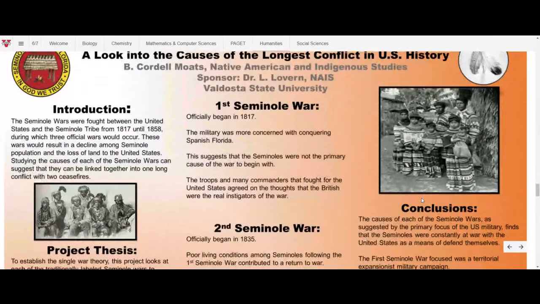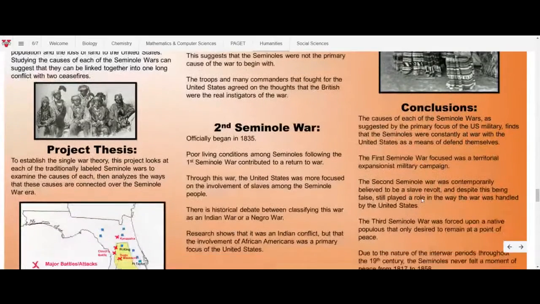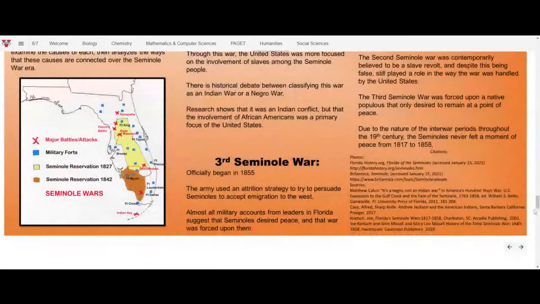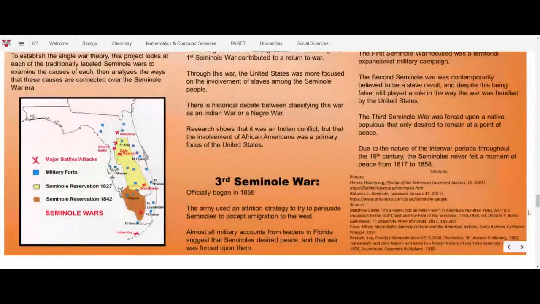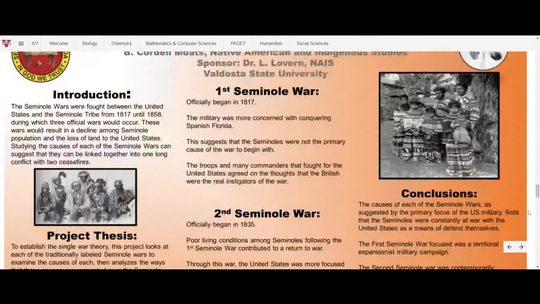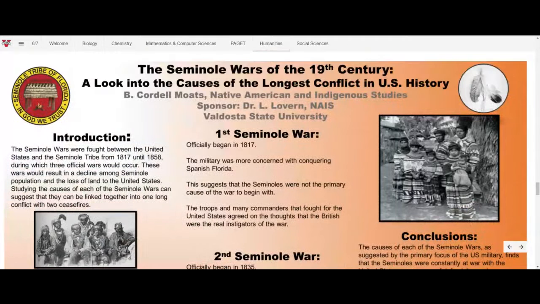So my project, I'm looking at the causes of the Seminole Wars. This project was done initially as a Native American Studies project for my minor in that subject, but it also ties in with my major in history because it's a historical perspective.